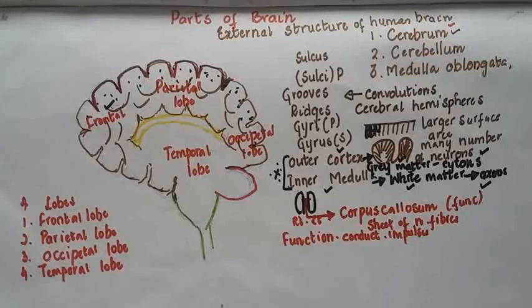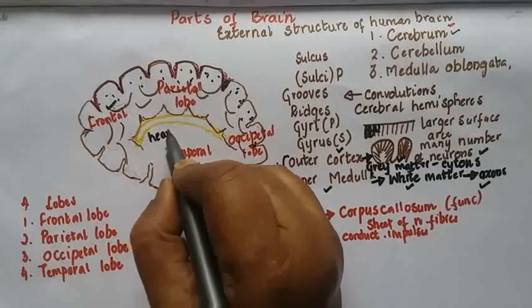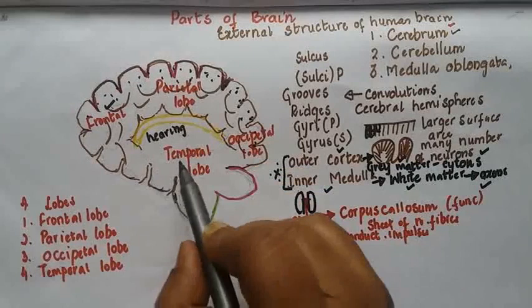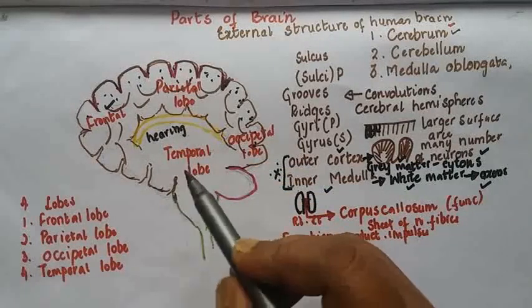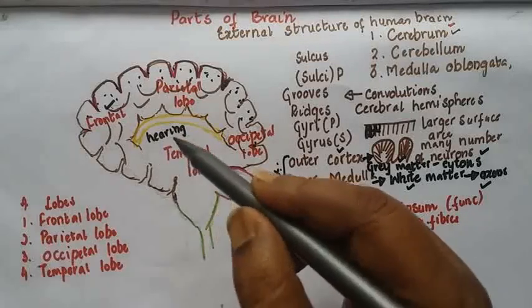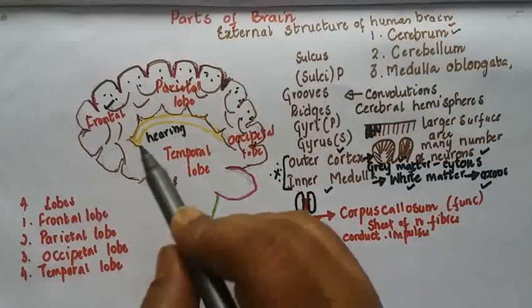Now take an example. We have certain neurons in the temporal lobe which are meant for hearing. Whatever sound we hear, we have special neurons here which carry the impulses to the brain and respond to the sound waves.